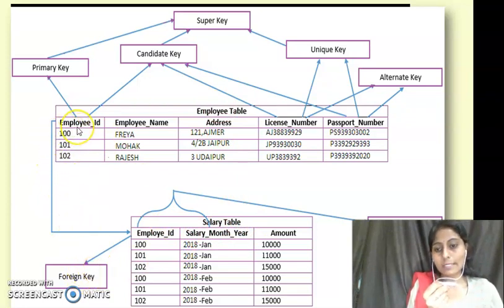This employee ID will play the role in the employee table of primary key, and if we talk about the salary table, the same field employee ID will play the role of the foreign key, because it's the bridge column between two tables, the employee table and the salary table.